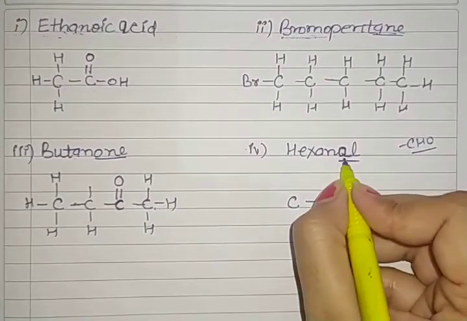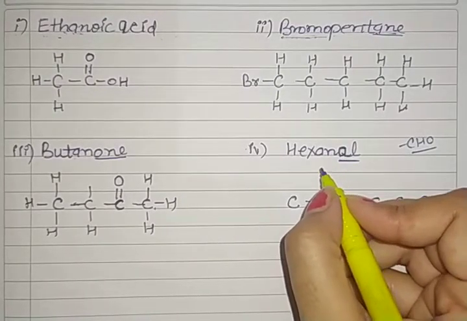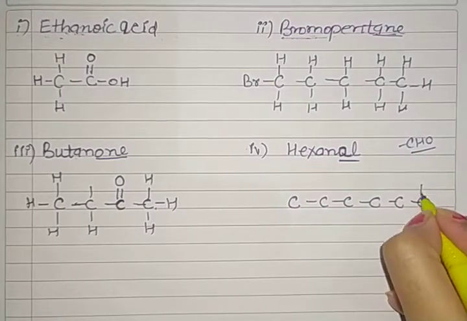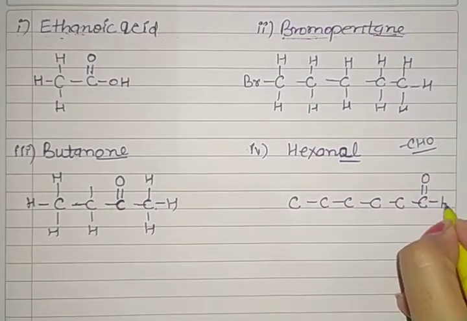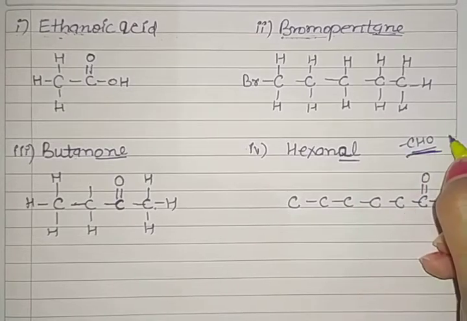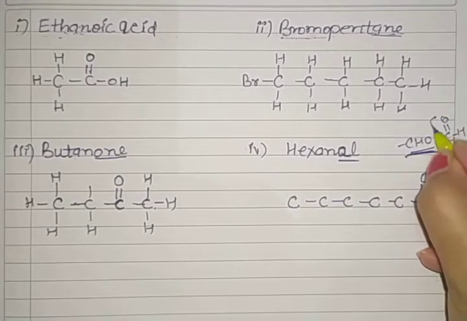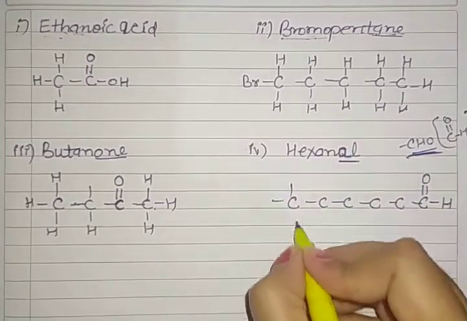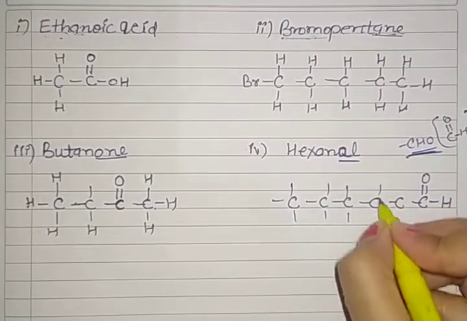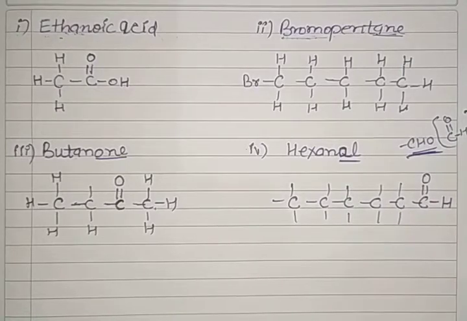Next is al. So what do I have to do? I have to write at one carbon C double bond OH. That is CHO. As I told you earlier in the last class, we can write it like that also. Clear? Next, complete the valency. So this is the structure for hexanal.